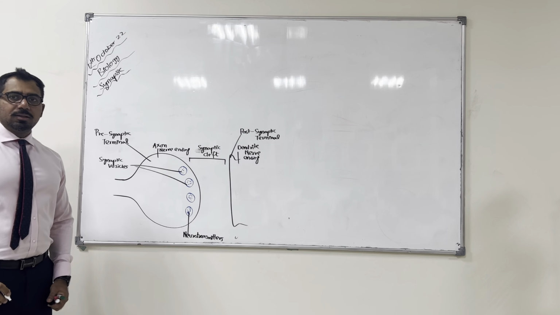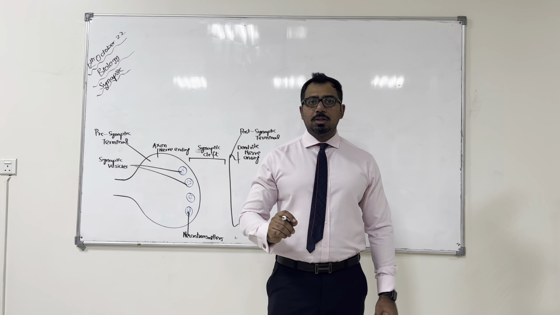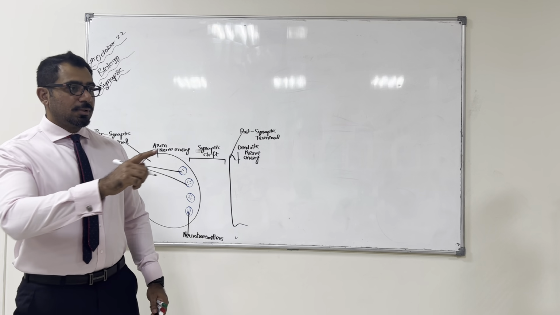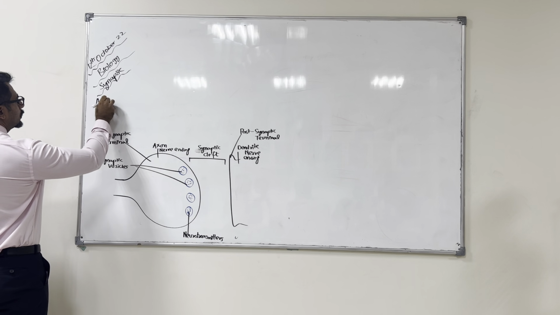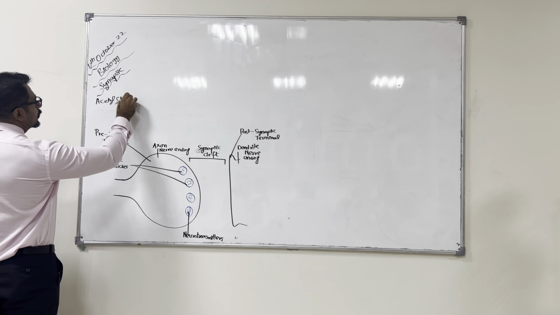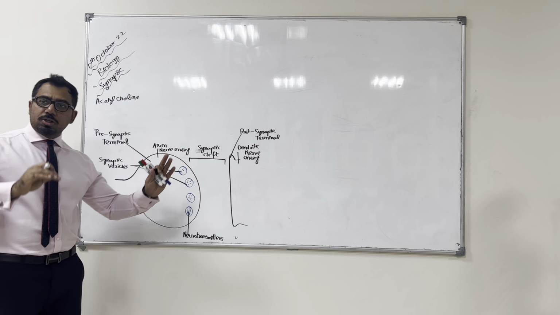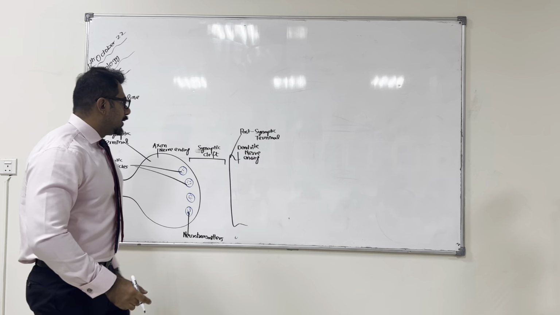Now, yesterday, I told you the name of a neurotransmitter. What was it? Who remembers the name of that neurotransmitter? Very good. Acetylcholine. I told you this acetylcholine is most abundant in the peripheral nervous system, right?